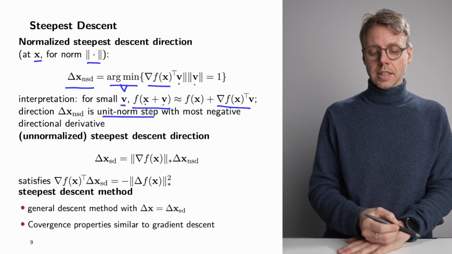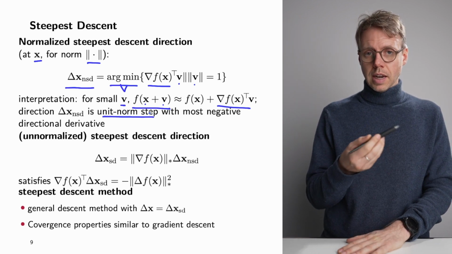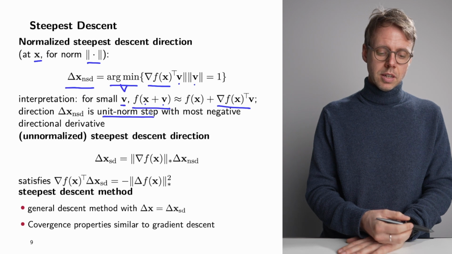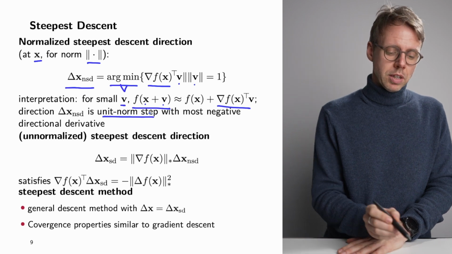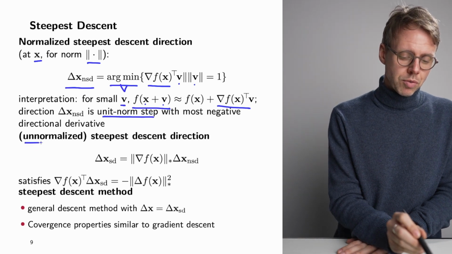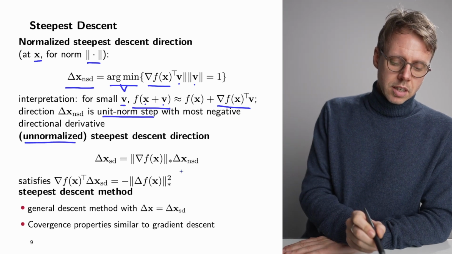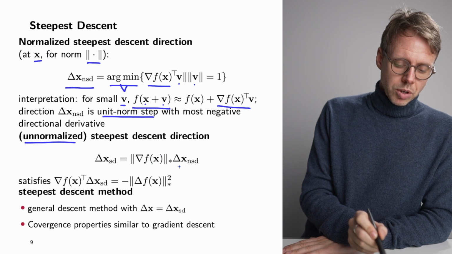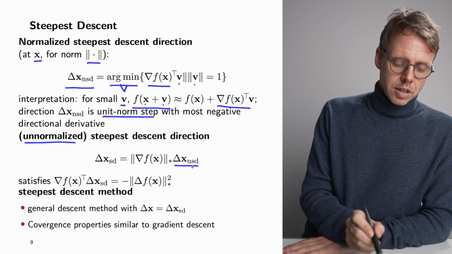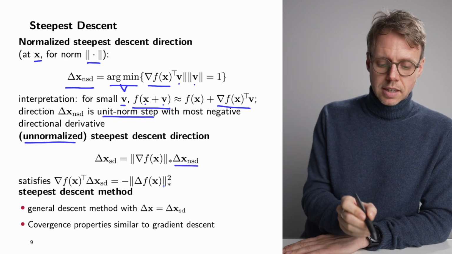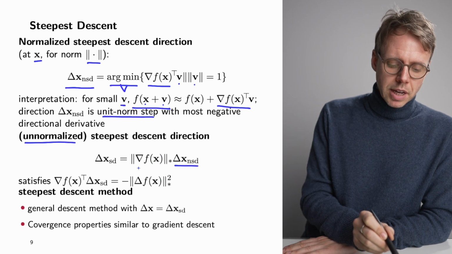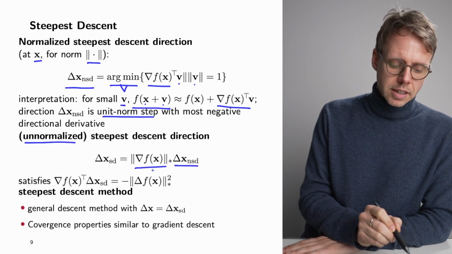Of course, you can then still do a line search along this direction. In principle, you can also perform unnormalized steepest descent, in which case you would take your normalized steepest descent search direction and multiply it by the norm of the gradient.